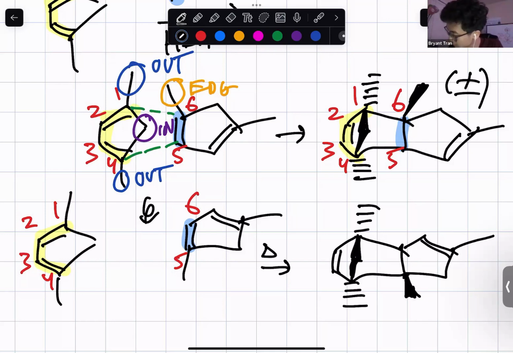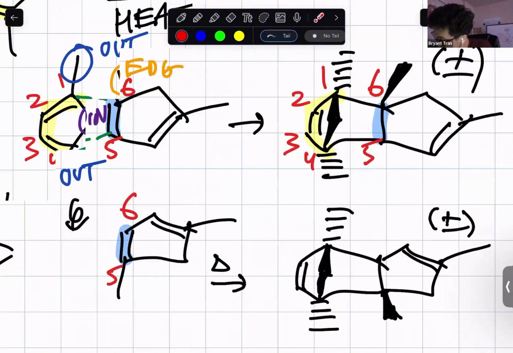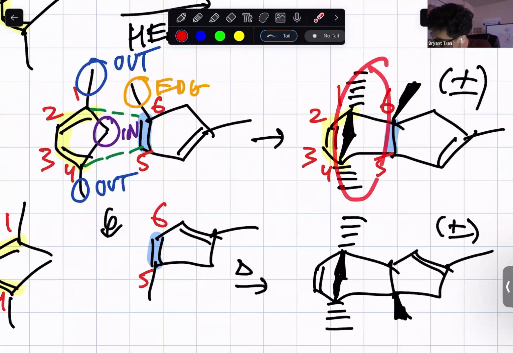Plus minus. So is this identical? Let's see here. Wedge methyl flipped upside down. Yeah, I guess this is the other product here.